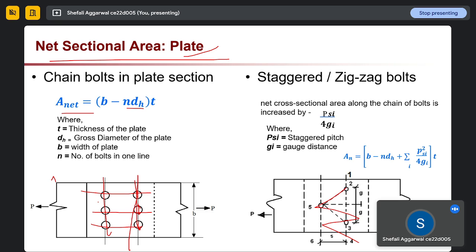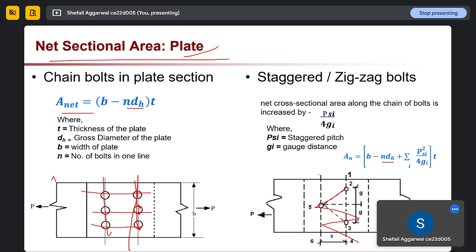In the case of chain bolts, it's a simple matter. But when we go for the staggered bolt, our gauge length and our pitch will come into the picture. In this case, our net area is given by first B minus nD, the same way, B minus number of bolts into diameter. So how are we calculating?